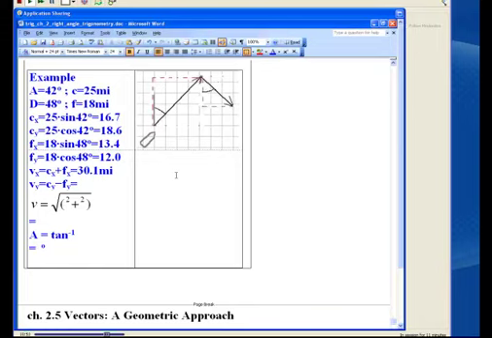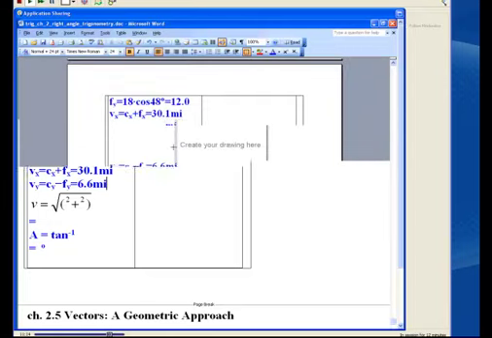So we subtract the two, and we come up with 6.6 miles. And then now we have the new components. So we have an x component all the way here and a y component all the way here. And so we figure out what the total vector is.